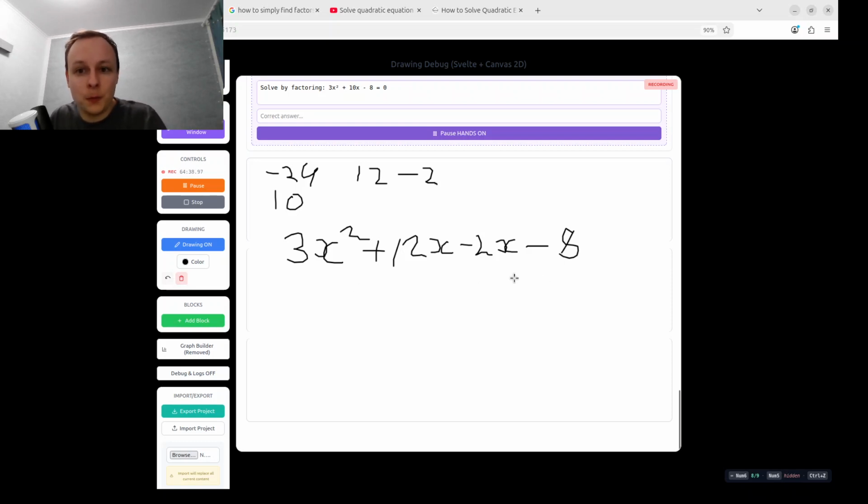And now we do as usual, we have to find the common factor on our left and right side. What we can see here is the common factor is 3x, which gives us, in the parentheses, x plus 4.